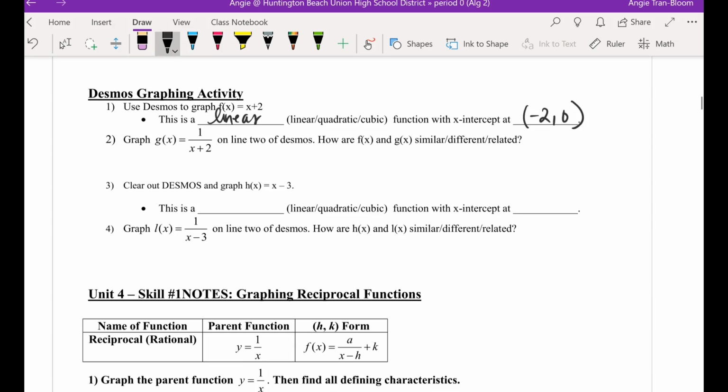Oh, that one's the reciprocal of the first one. Okay, so which one is the reciprocal? G of x? Yeah. G of x is the reciprocal of f of x. What else? If you graphed it out, what do they have in common? What were the differences between the two of them?